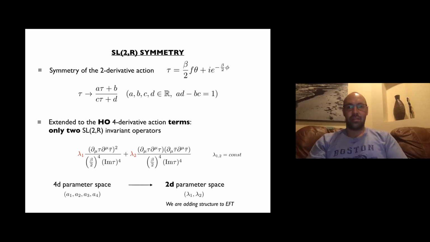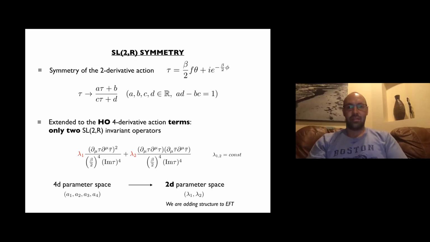And if you do so, you immediately realize that you actually have just two possibilities to write SL(2,R) invariant operators, which are these ones, where we identified their coefficients as lambda 1 and lambda 2, which are constants.